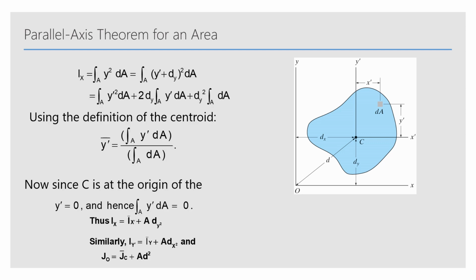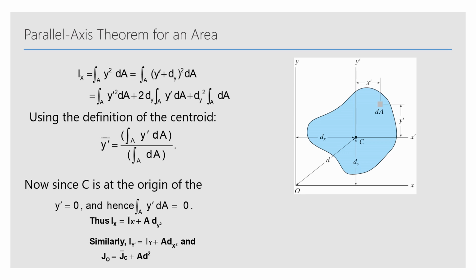In the following equation, we have the inertia in x represented by that equation using the definition of a centroid. We can also find what is being represented for the centroid of that y'.